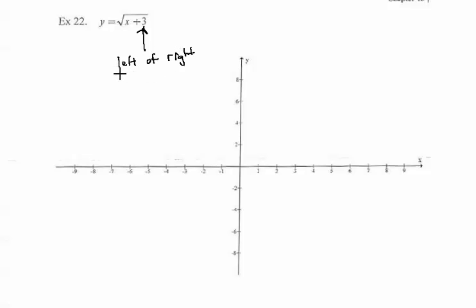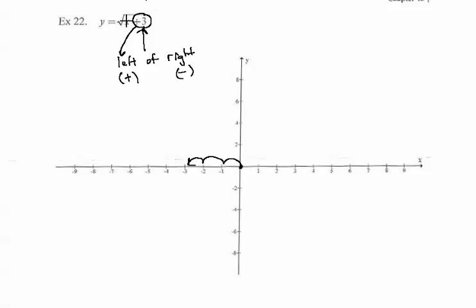And the way you tell whether it's one way or the other is left is going to be positive and right is going to be negative. Okay, and so obviously we're dealing with a positive number here, plus 3, so we're going to start at the origin and we're going to move it 1, 2, 3 to the left.